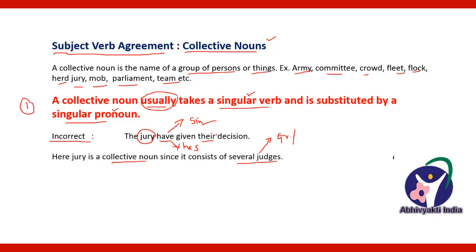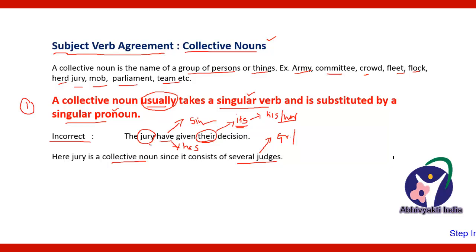Now the pronoun replaced in place of their should be its because it is a singular noun. And you will ask why it is substituted by its but not by his or her.